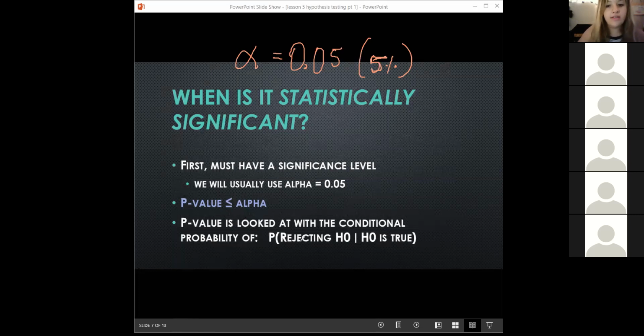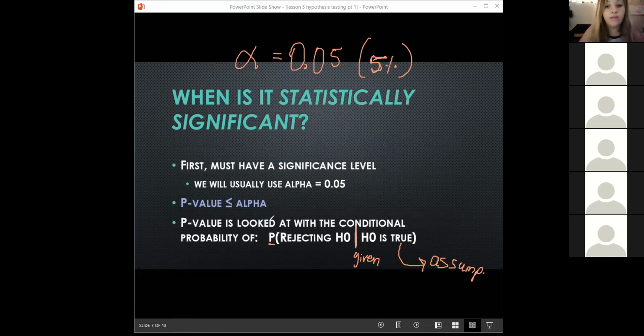So remember conditional probabilities. When we say the probability of something given something else, okay? This is just another way to look at a p-value. We always assume when we're doing hypothesis testing that the null is true. That's just an assumption that we make, and we base everything else off of that.